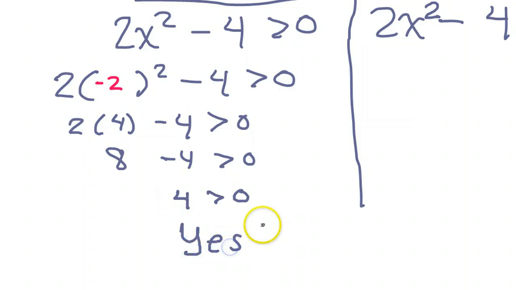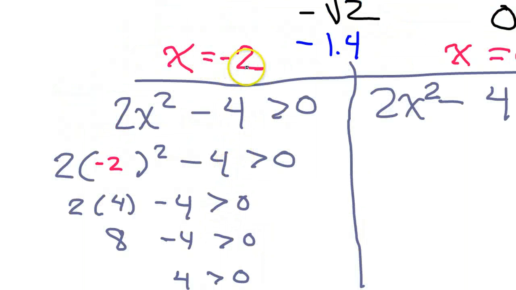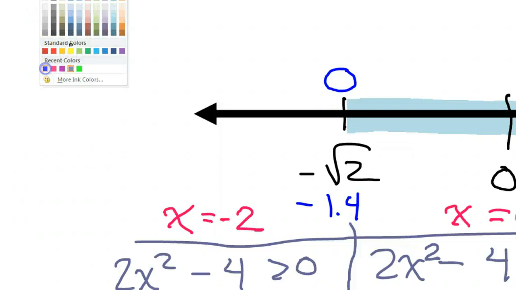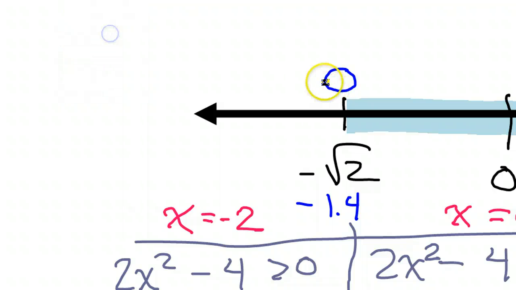Why, yes, good sir or madam, 4 is greater than 0. That means negative 2 is a solution. That means all of these yellow values are solutions. We will show that these yellow values are solutions by drawing an arrow like this, showing that all of the values to the left of negative radical 2 are solutions.